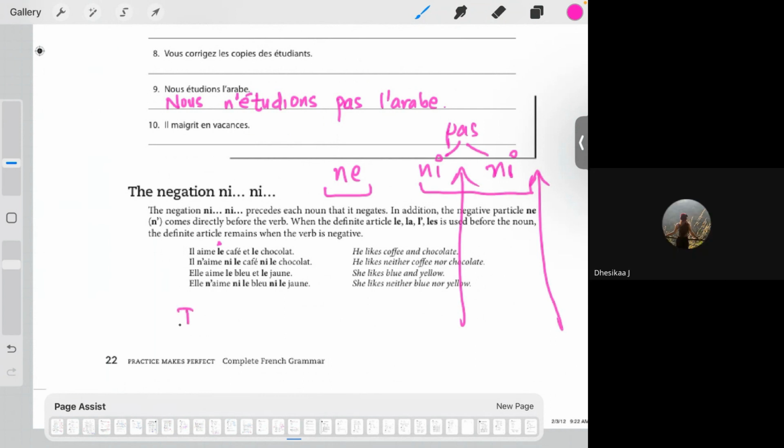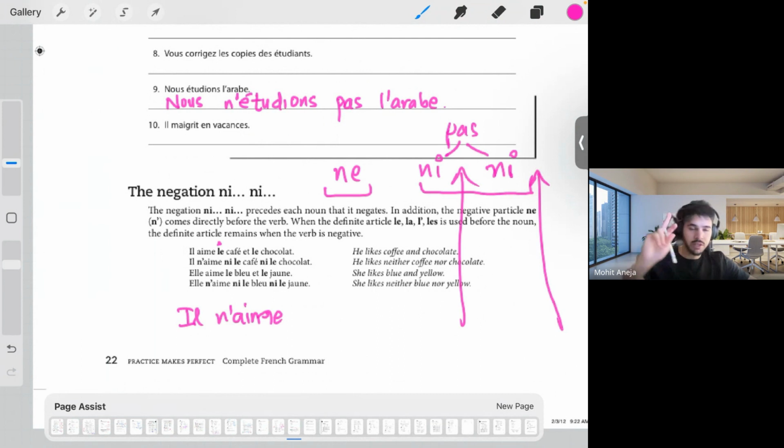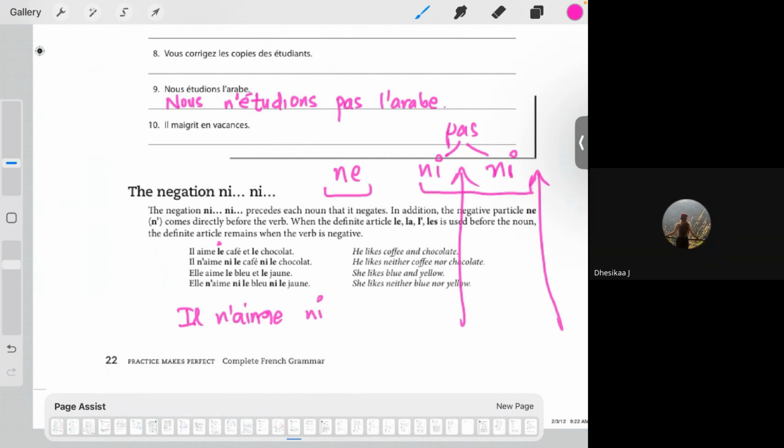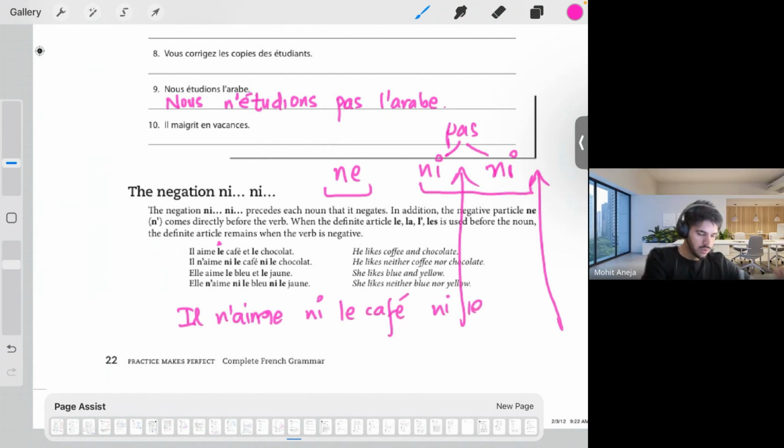We don't use pas. Given we are trying to negate two things at the same time, we say ni plus the nouns. Il n'aime ni le café ni le chocolat.